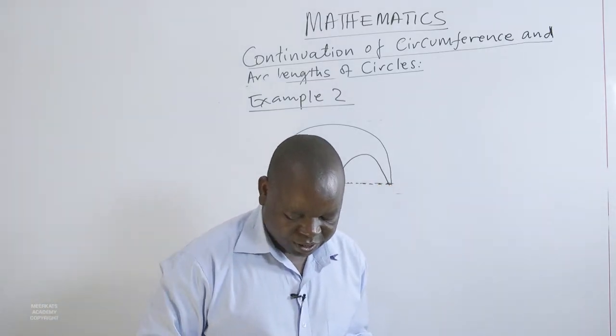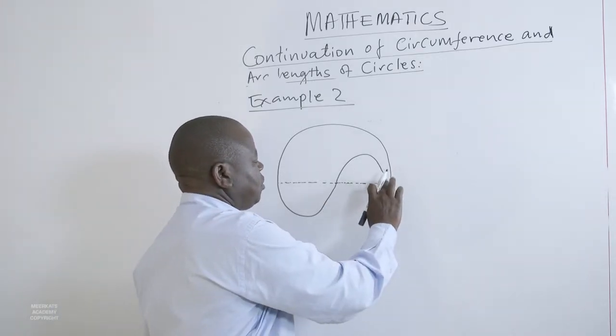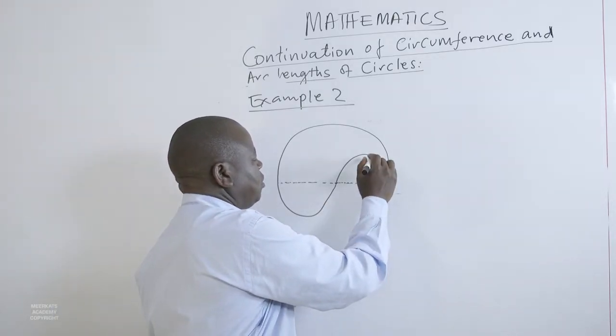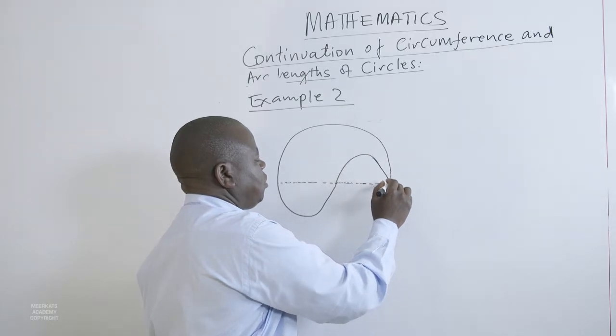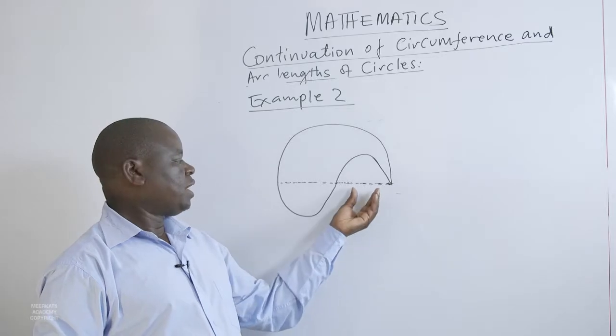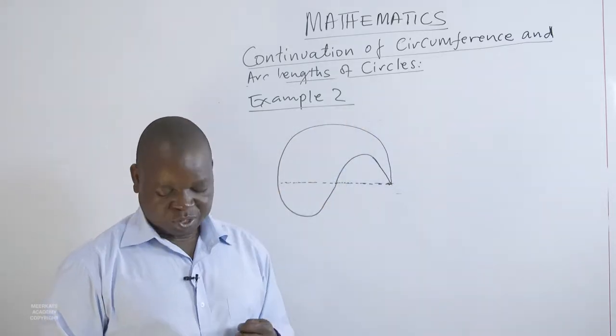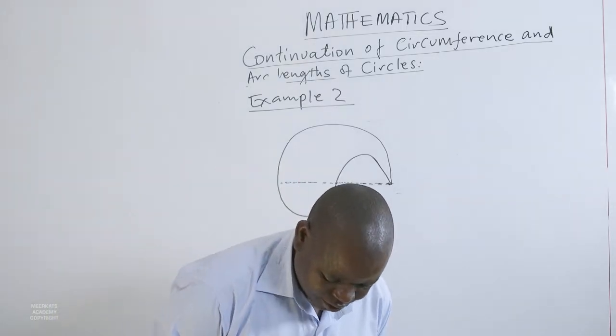It's also a semicircle, which we can now use the formula that we have developed to calculate the perimeter of the figure.